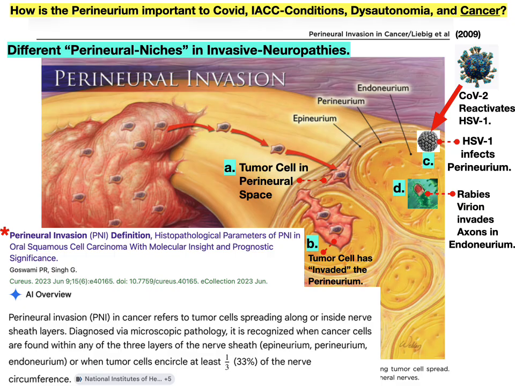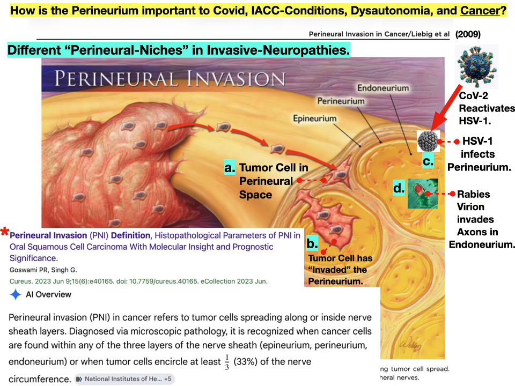Now, a current definition of perineurial invasion in the context of tumor cell invasions of nerves is found in this 2023 paper, Perineurial Invasion, PNI, definition. Histopathological parameters of PNI in oral squamous cell carcinoma with molecular insight and prognostic significance.